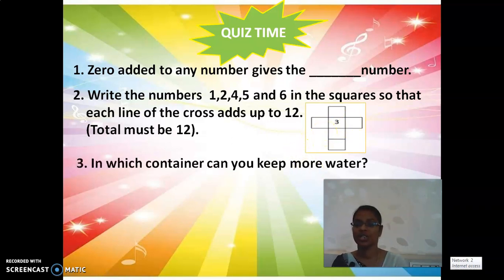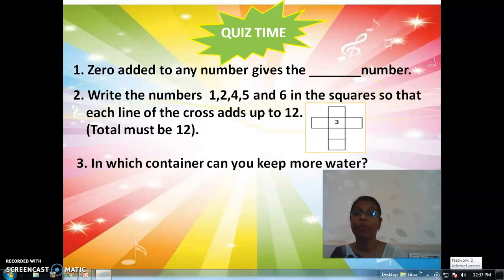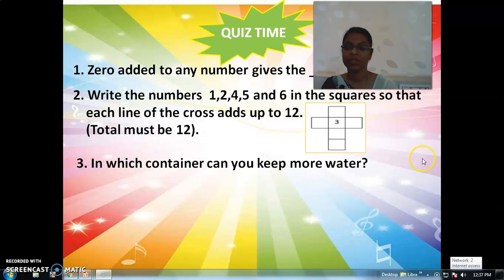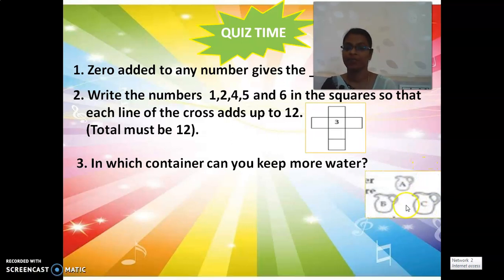The third question: in which container can you keep more water? So it is related to capacity, isn't it, which we have learned. Now see here, I have displayed 3 jugs.